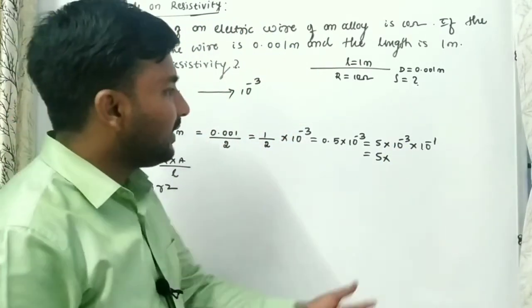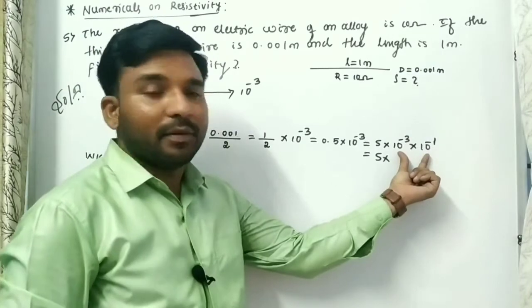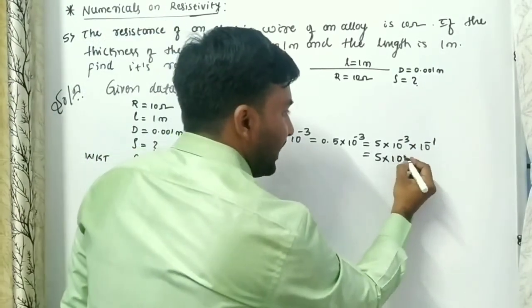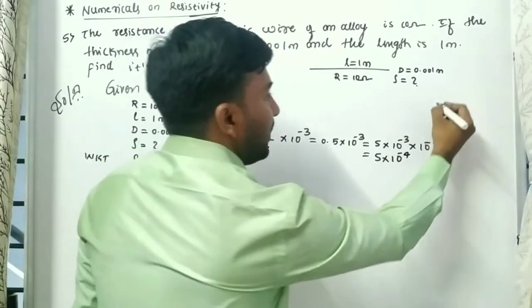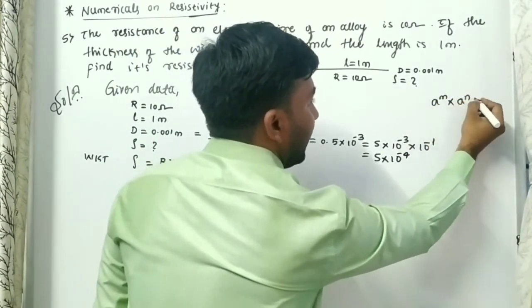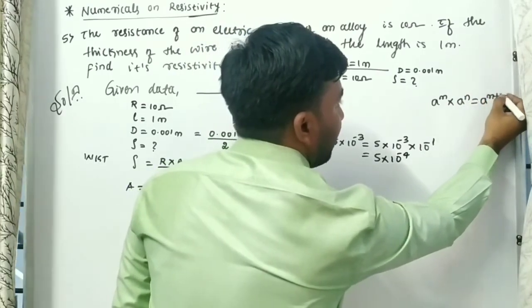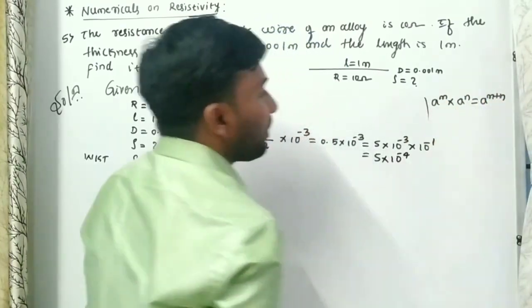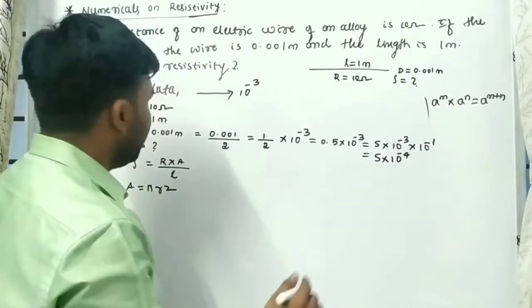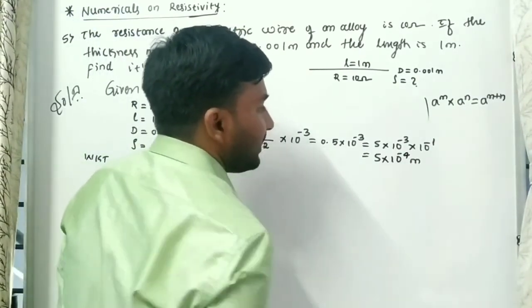According to the law of exponent, when the bases are same, indices are added. So this is equal to 10 raised to minus 4, because a raised to m into a raised to n is equal to a raised to m plus n. So this will be the radius.